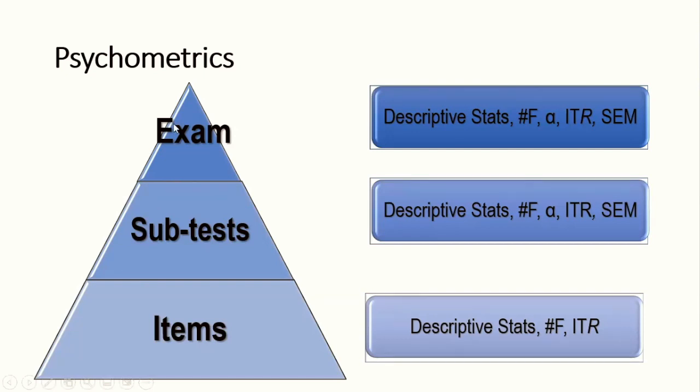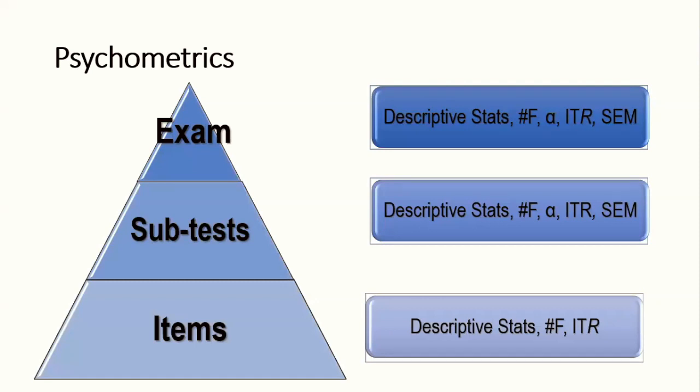So the main exam, which may consist of 200 best MCQs, for example, may have 4 subtests. For example, 50 questions on medicine, 50 questions on surgery, 50 questions, for example, on pediatrics, and 50 on other subspecialties. So these become the subtests. And each subtest will have 50 items, 50 best MCQs.